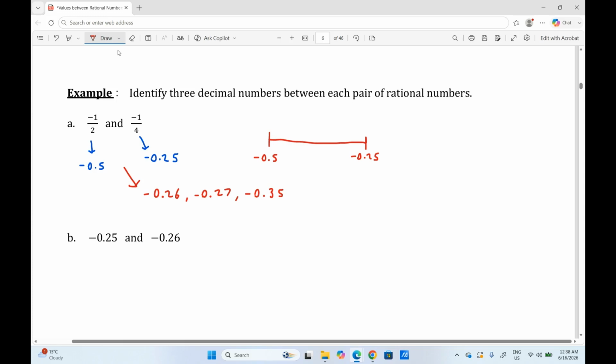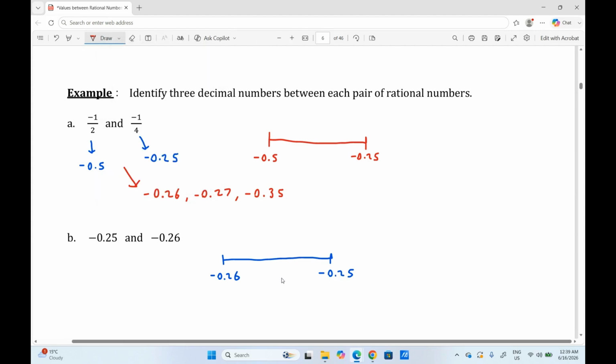Okay, for these two numbers here, I have negative 0.26 and then negative 0.25. Notice how negative 0.26 is on this left side here. It's because it's smaller than negative 0.25. Now I can just pick some decimal numbers between them here.